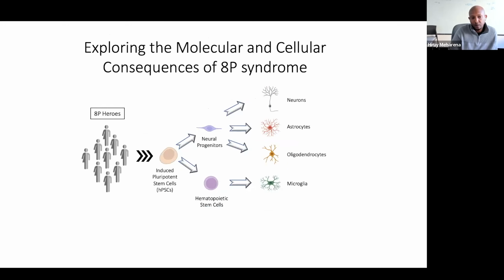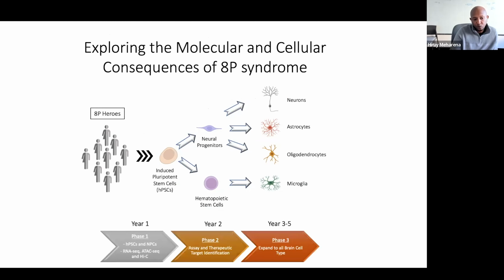So how can this apply to our future studies utilizing the cells derived from AP heroes to get a better understanding of where AP duplication is disrupting the process of neurodevelopment, learning and memory, and which cell types are most altered by the system.